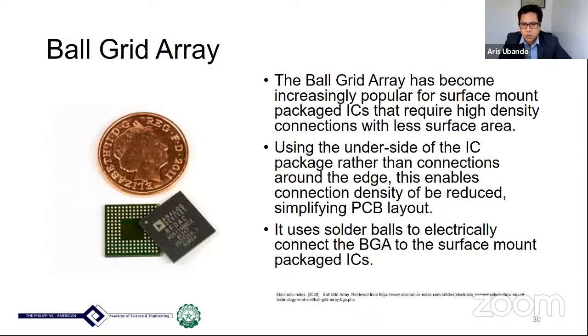It uses solder balls to electrically connect the silicon inside the BGA to the surface mount package ICs. As you can see here, the BGA package is quite small. However, it has a high density capacity inside this very small package.